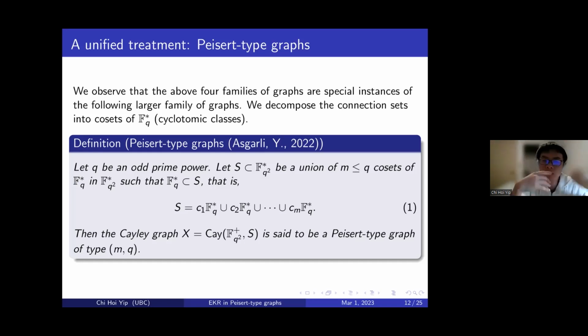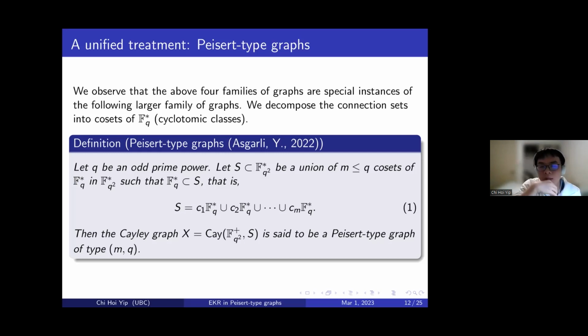Our idea is to define a nice Cayley graph where the connection set can be decomposed into the union of F_q-star cosets, or equivalently, the connection set is the union of cyclotomic classes. We say a Cayley graph is a Peisert type graph of type (M, q) if S is the union of M many F_q-star cosets.